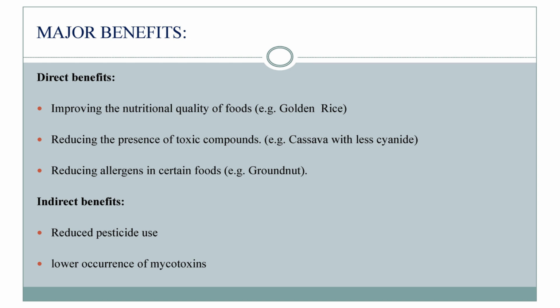The next point is reducing the presence of toxic compounds, for example, cassava with less cyanide. Another point is reducing allergens in certain foods, for example, groundnut. Can you relate this to a real-life example? Golden rice is a very commonly cited case in exams for nutritional biofortification through biotechnology.